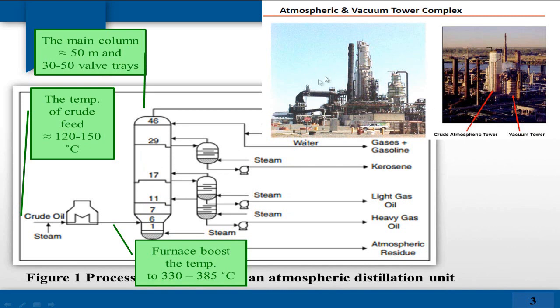In this figure showing here, I would like to show how big the ADU and the VDU are. This is the size of the ADU, and this is the size of the VDU. You can compare with the size of the truck here.